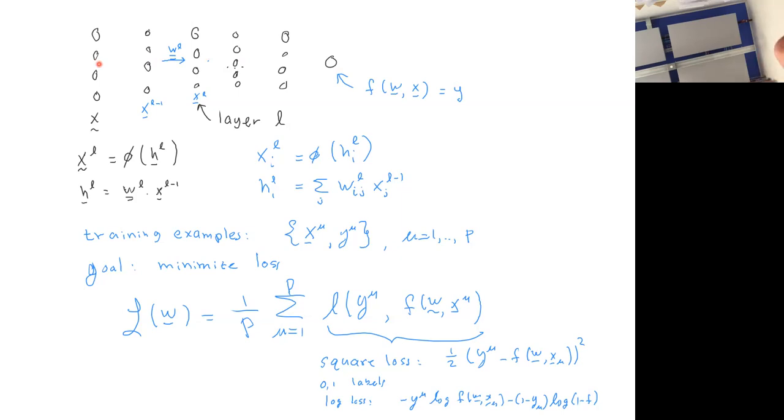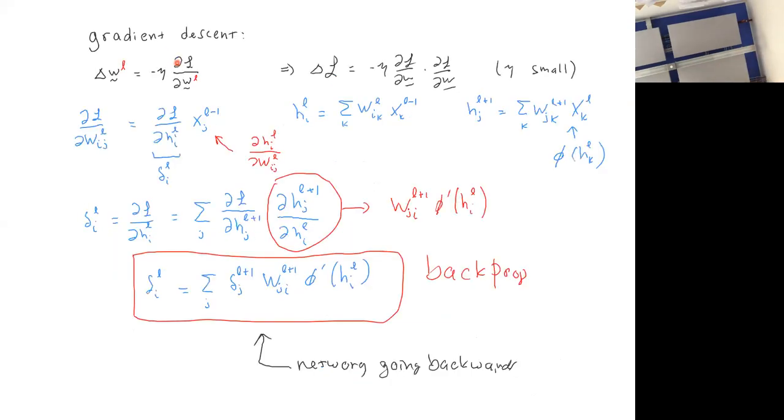And importantly, as it backprops, if you look at the equation, it has to know the activity in the forward pass. Okay, so to run backprop, there has to be a forward pass.